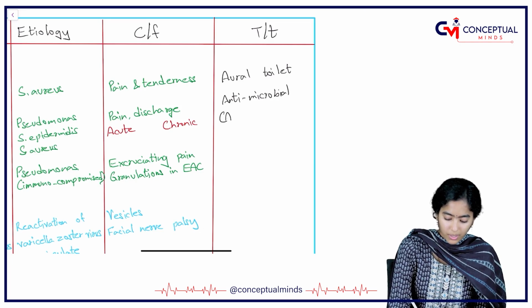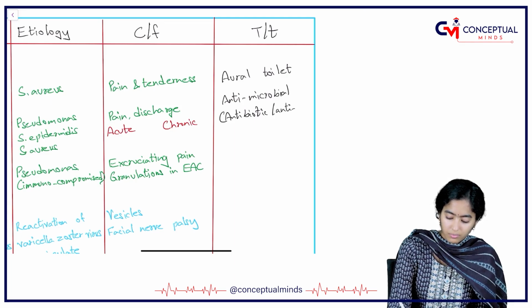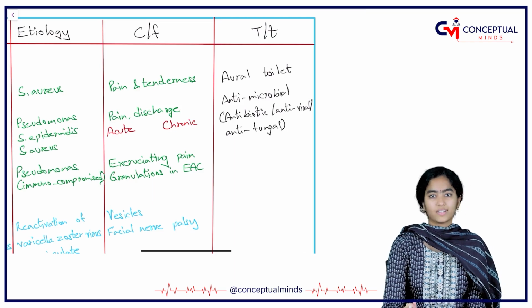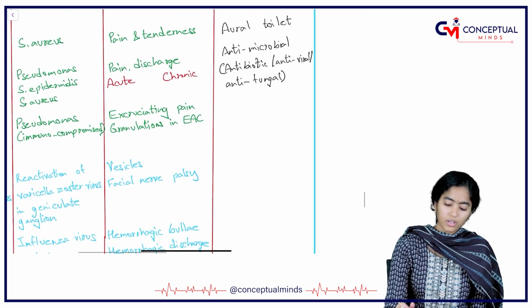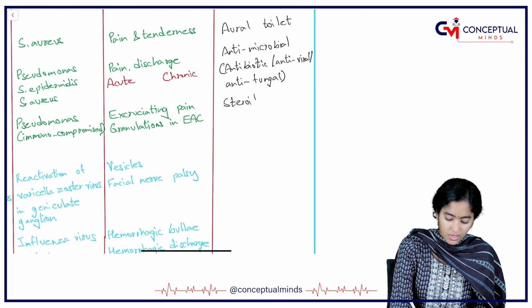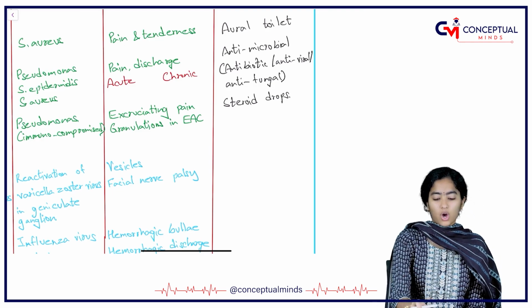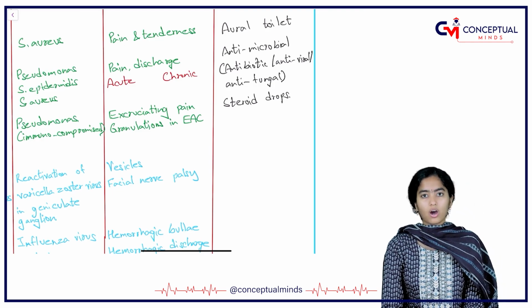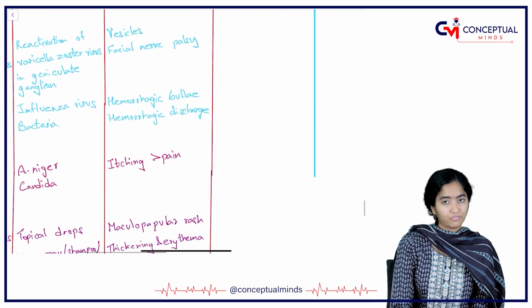That could be antibiotic or antiviral or antifungal. And also sometimes steroid drops are used. This is the common treatment for more or less all conditions in the infective group.